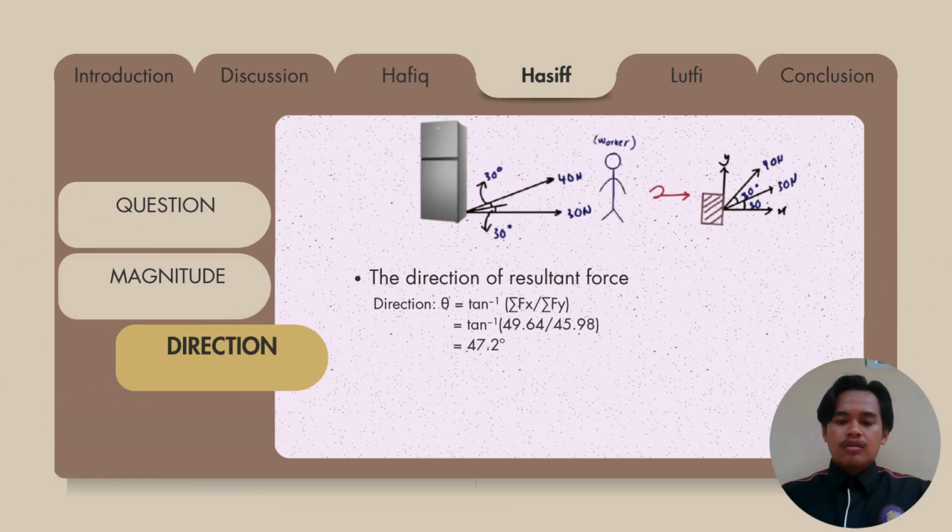To find the direction of the resultant force, we calculate by using the direction formula: theta equals tan inverse of summation of Fy over summation of Fx. So the answer is 47.2 degrees.